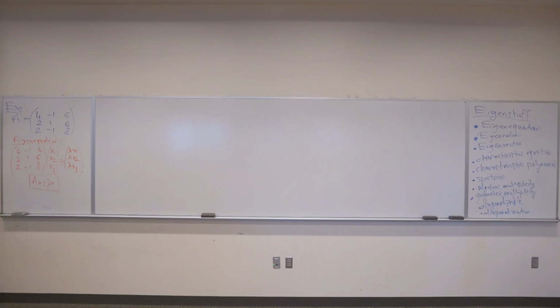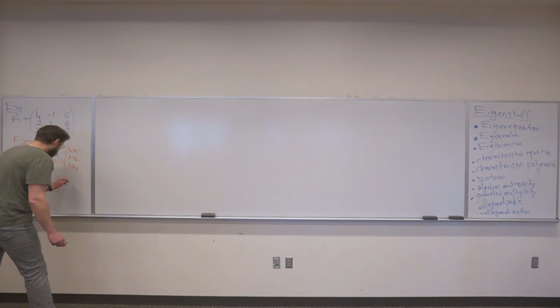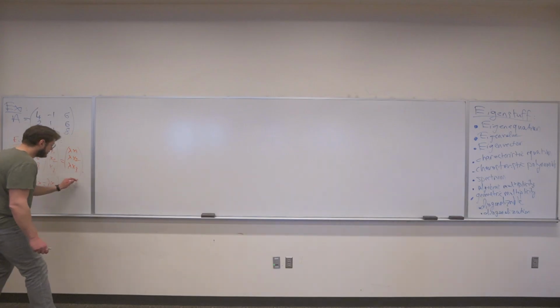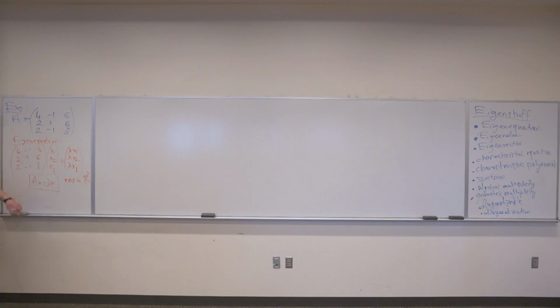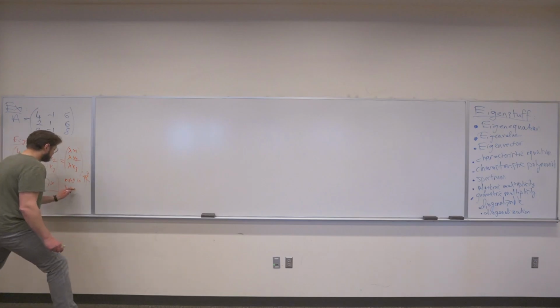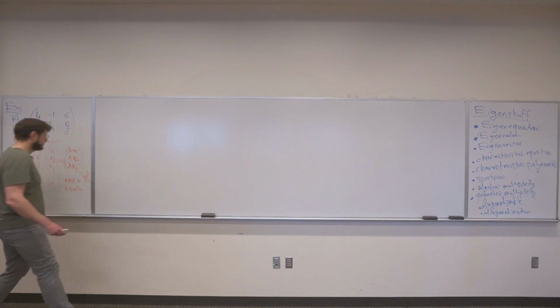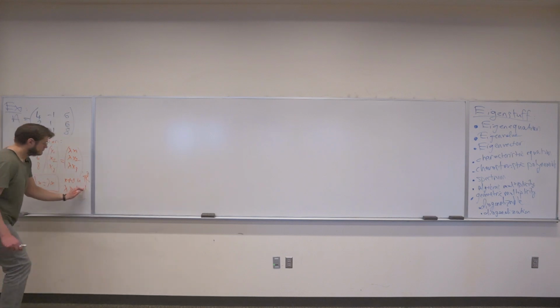For a variety of reasons, this is important. We need solutions to this. In principle, you want the x vector to be a non-zero vector in R3, and lambda a scalar, again real.